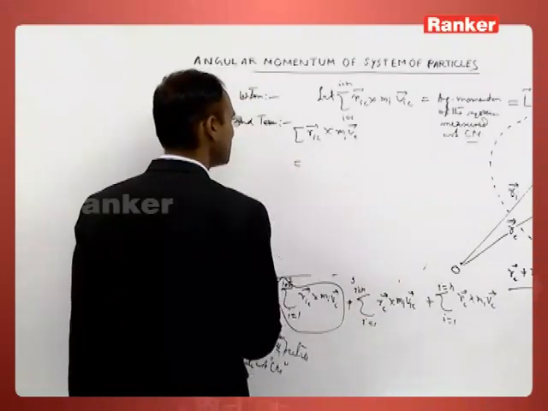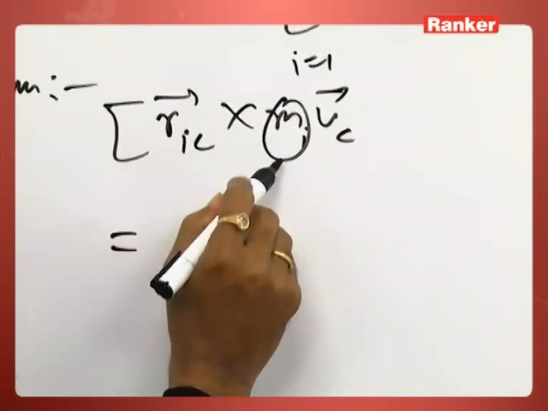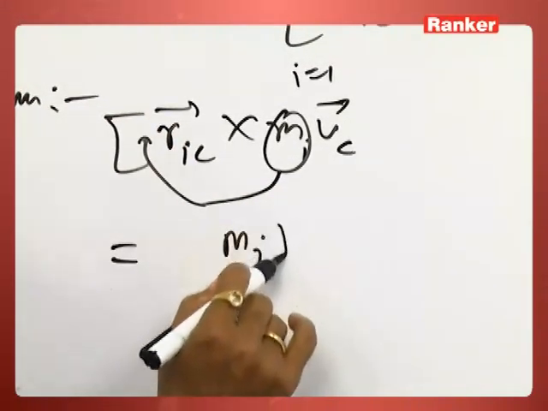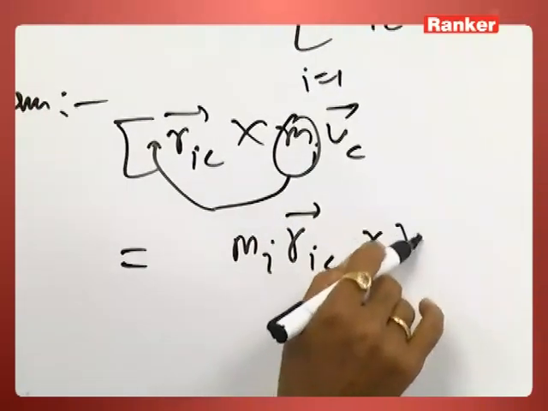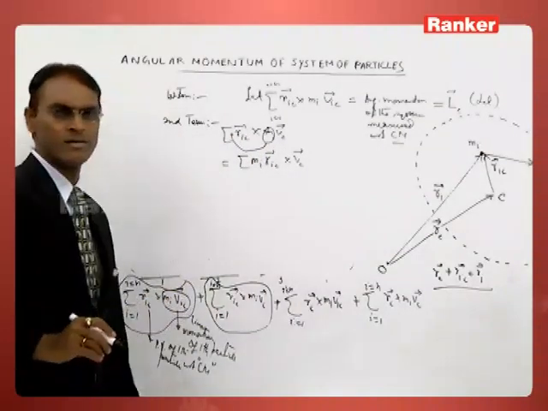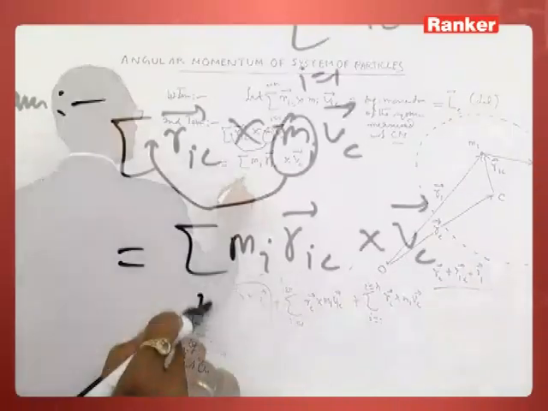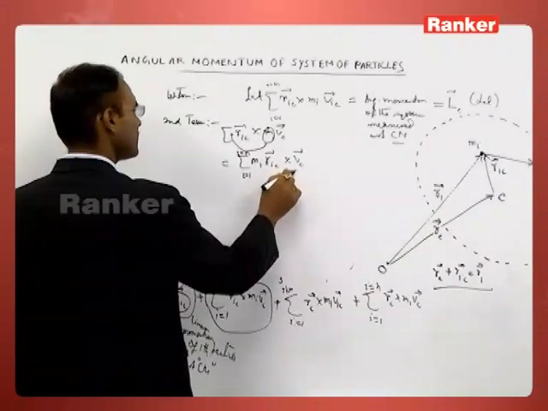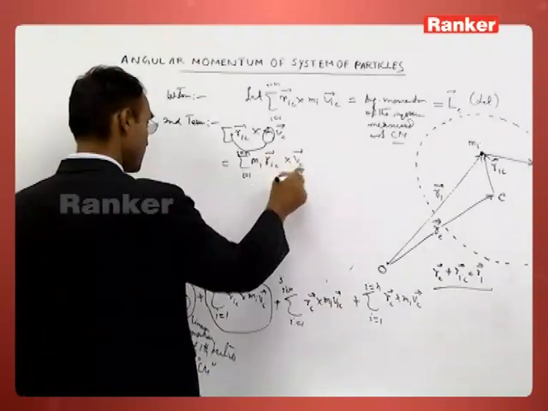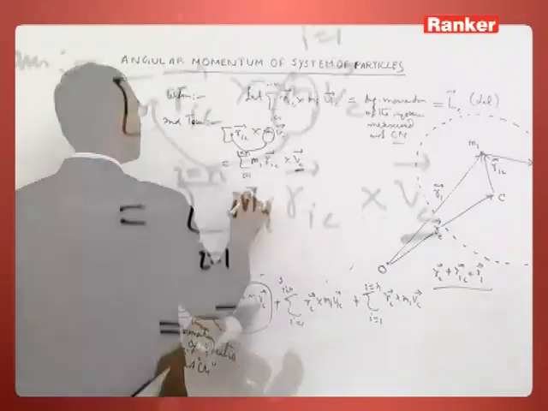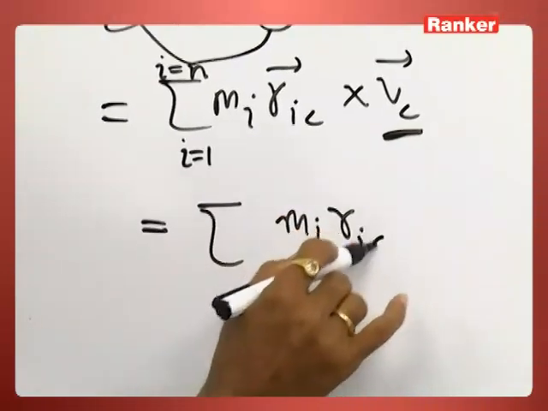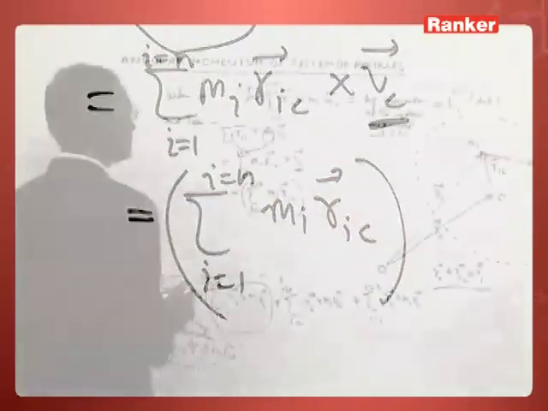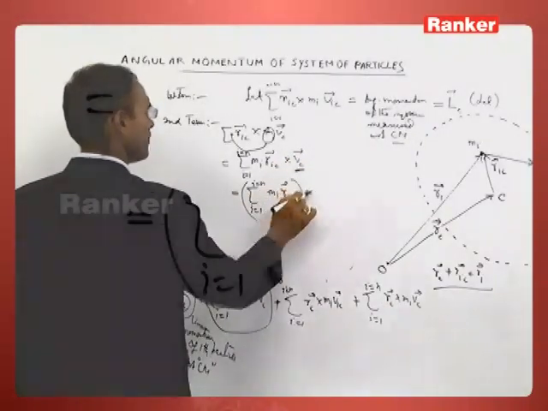This term can be written as, since mass is a scalar quantity, you can put it as summation of m_i r_ic cross v_c, i equal to 1 to n. This is a constant quantity for all the points because this is the velocity of center of mass. Therefore, we can bring this factor out of the summation.